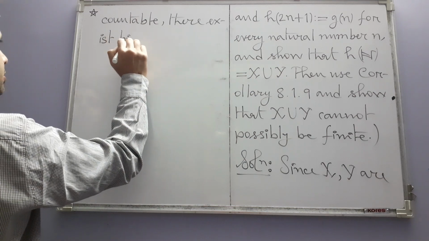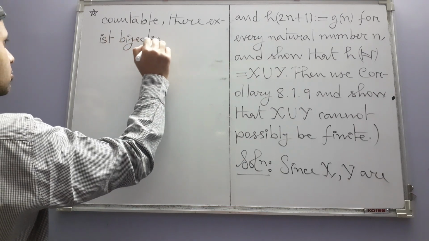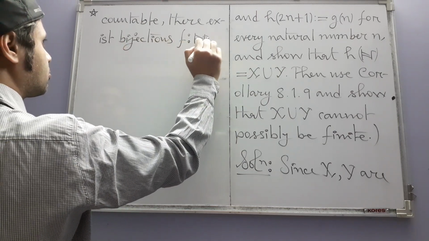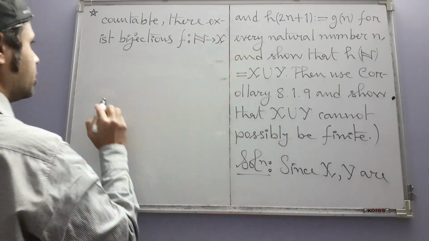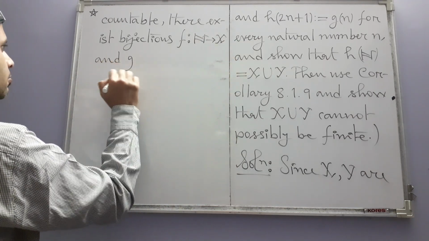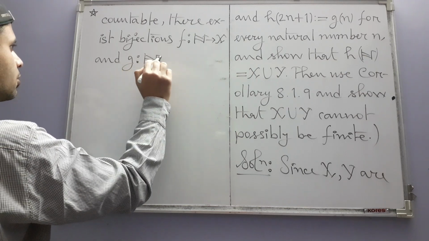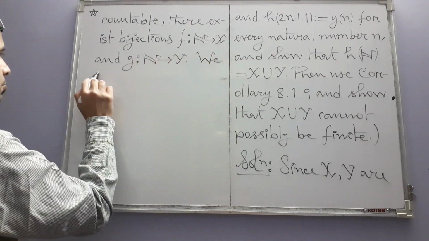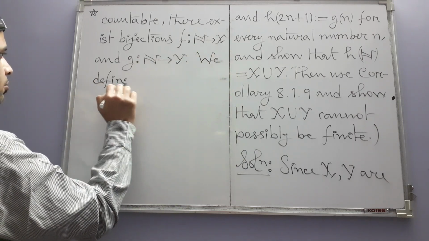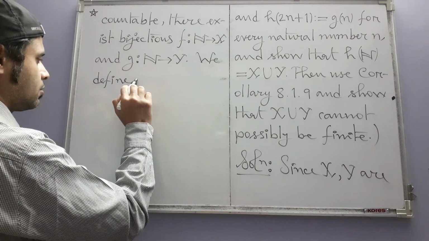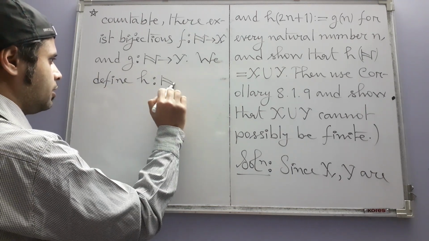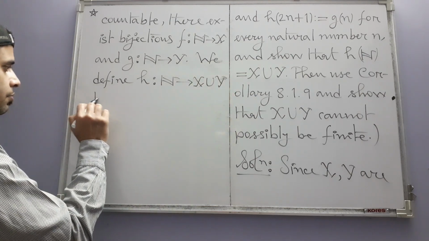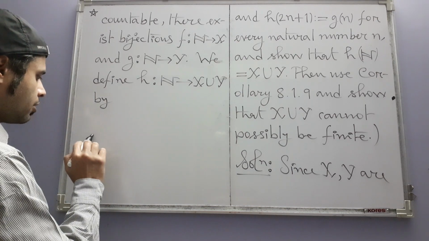There exist bijections f from N to X and g from N into Y. We define the function h from N into X union Y by the following formula.